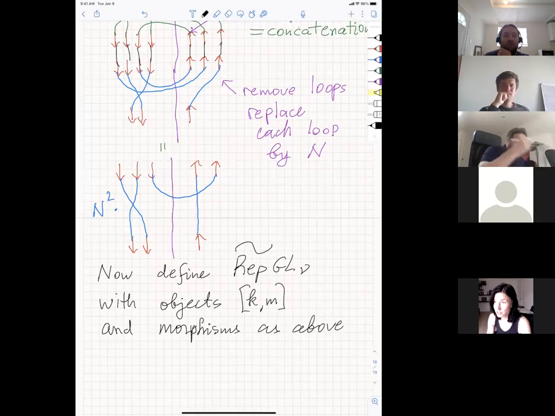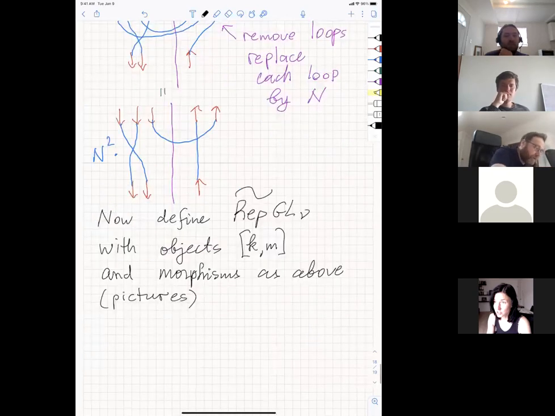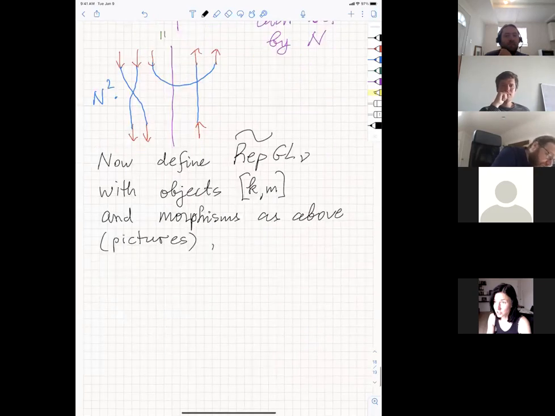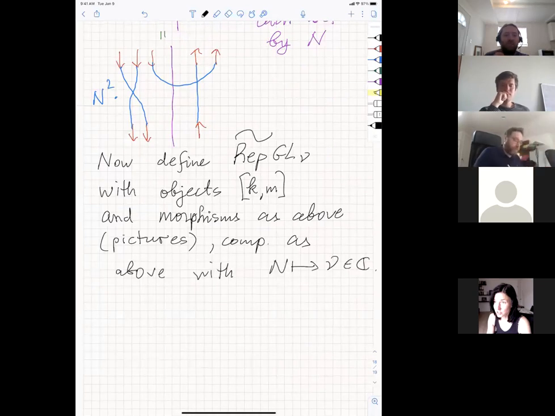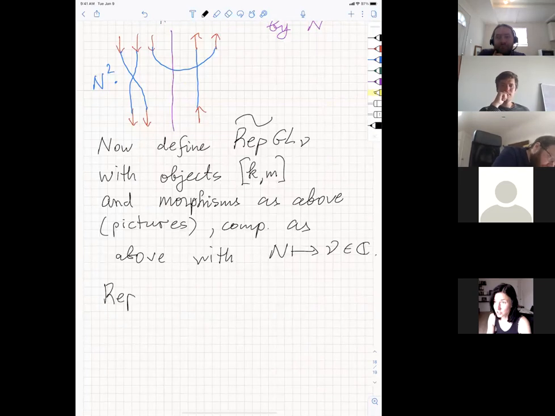So the morphism spaces do not depend on nu, they're just pictures, linear combinations of pictures, and composition also as above, with n replaced by a complex parameter. So that's a category, and then we define rep GL nu.